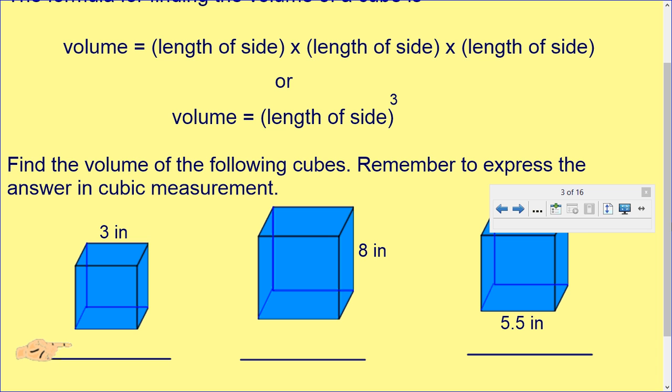Find the volume of the following cubes. Remember to express the answer in cubic measurement. So I'll only do the first one. Here we have a cube which has a side length of 3 inches.